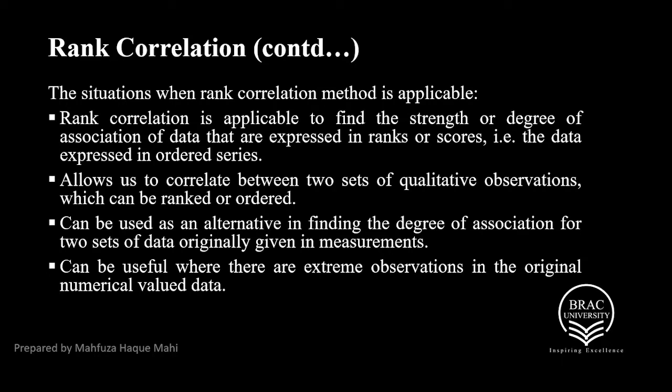Rank correlation allows us to correlate between two sets of qualitative observations which can be ranked or ordered. Rank correlation can be used as an alternative in finding the degree of association for two sets of data originally given in measurements. Rank correlation can be useful where there are extreme observations in the original numerical valued data.